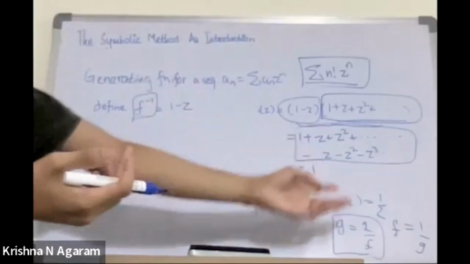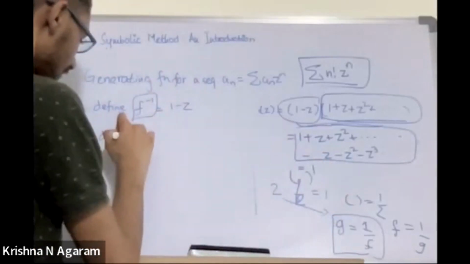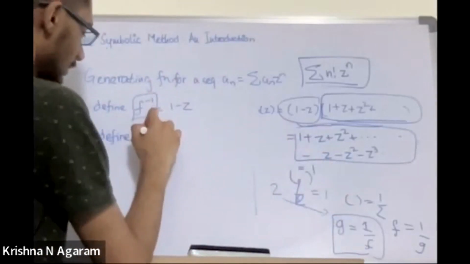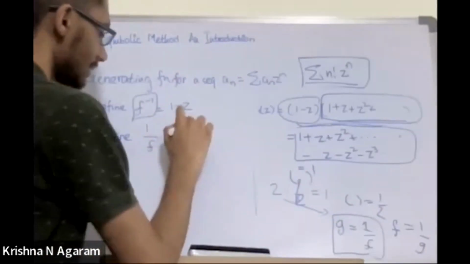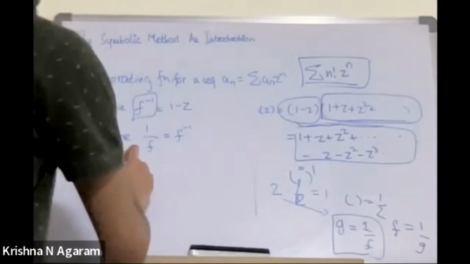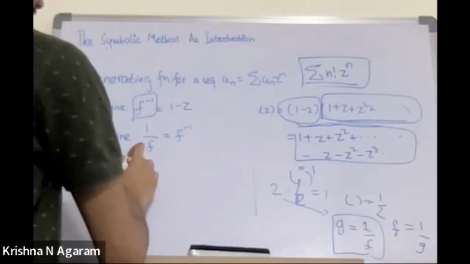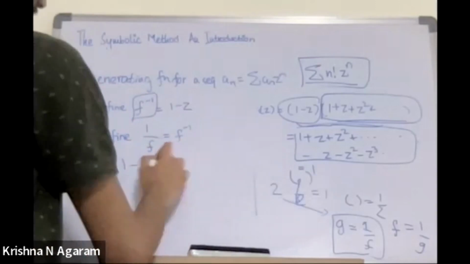It's more natural to write 1 by 2. You define this notation 1 by F to be the same as F inverse. Clear?